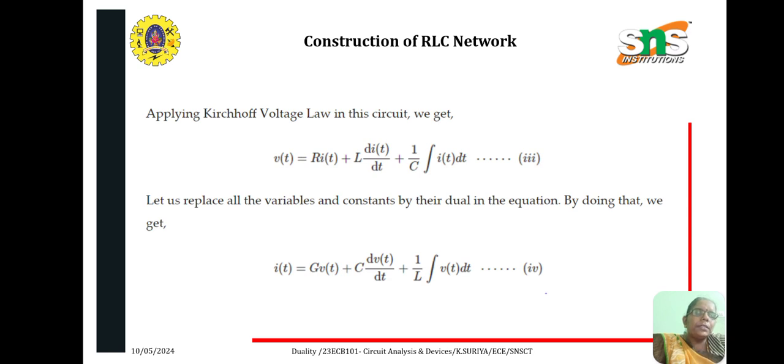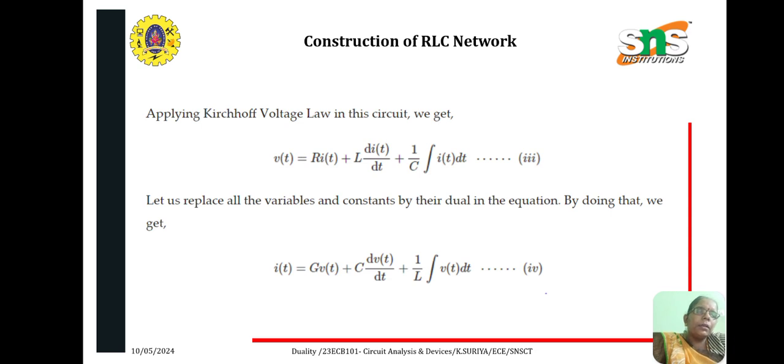Now you replace this with the equivalent dual values. Instead of voltage, you write current I of t. Instead of resistor, you write G. So G into, again, I of t is replaced with voltage V of t. Next, in the second term, the inductor is represented by a capacitor.